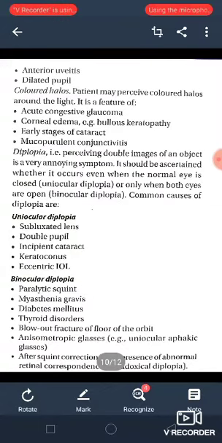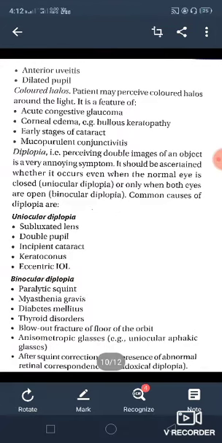Then diplopia, that is perceiving the double images of an object, is a very annoying symptom. It should be ascertained whether it occurs even when the normal eye is closed or only when both eyes are open. The causes of uniocular diplopia are subluxated lens, double pupil, incipient cataract, keratoconus, eccentric IOL.